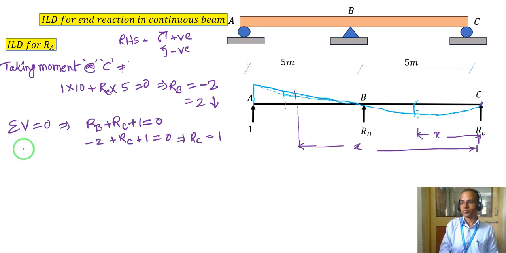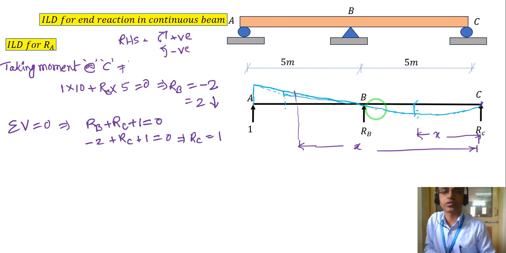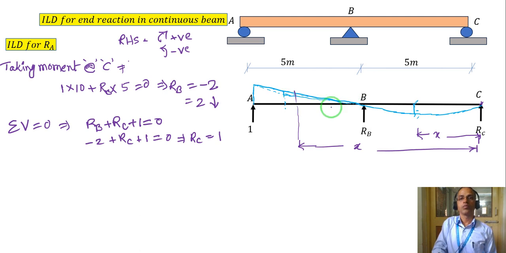The moment changes when the unit load is in span BC and when the unit load is in span AB. So we get the moment at X, which could be here or here. This is also an X section for each of the different spans.